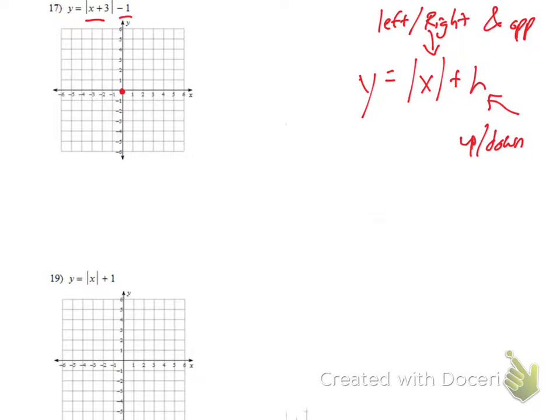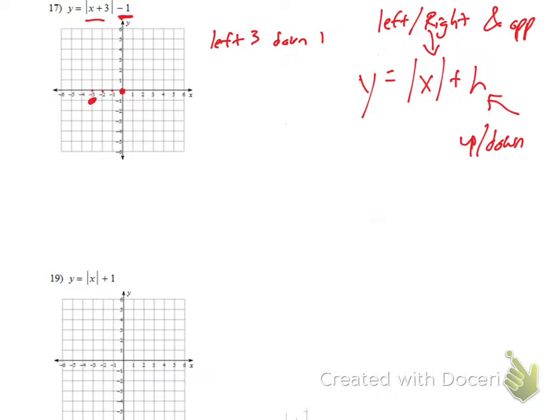So right here, if I start at the origin, what it's telling me to do on the inside, with the x plus 3, is go left, because it's a positive 3. I'm going to make it a minus 3. So left 3, and then the minus 1 is down 1. So I go left 1, 2, 3, and then I go down 1. And here's my new point of origin.